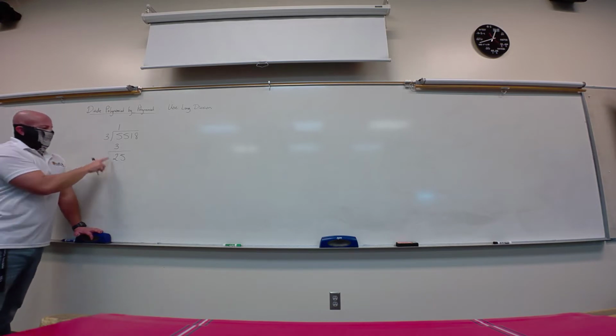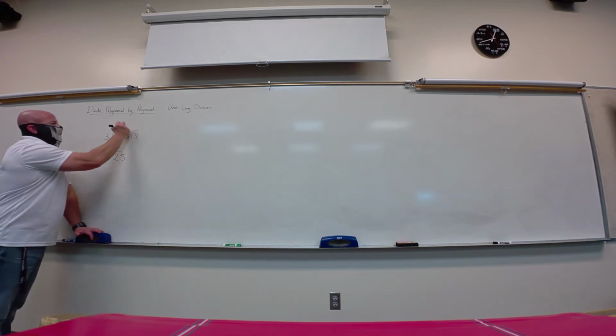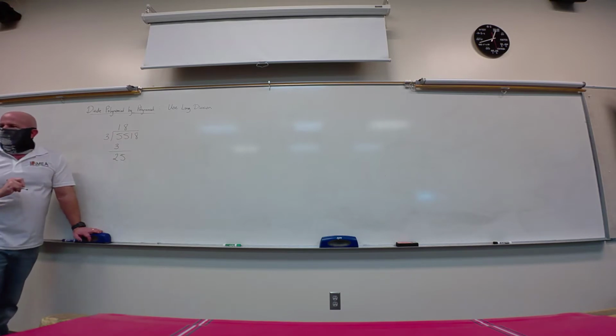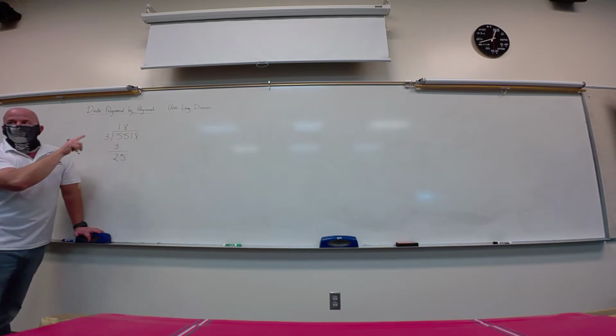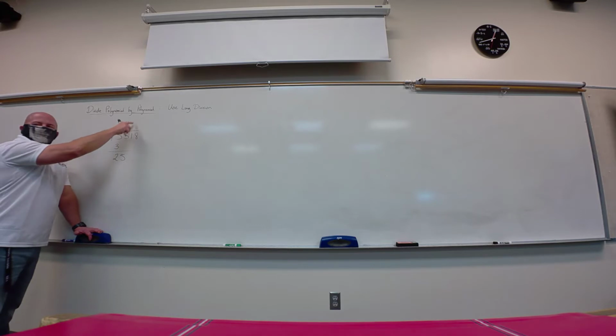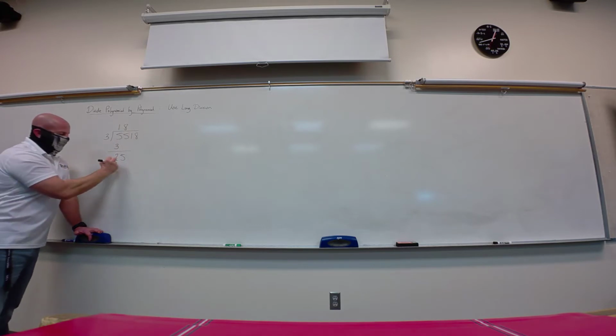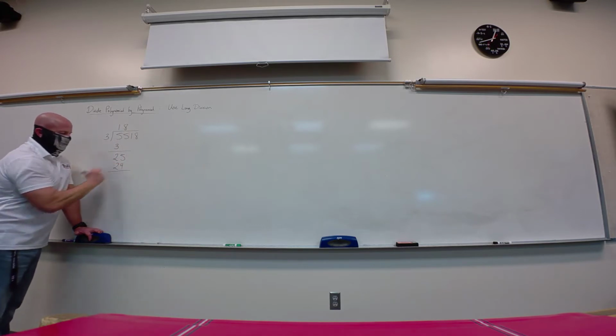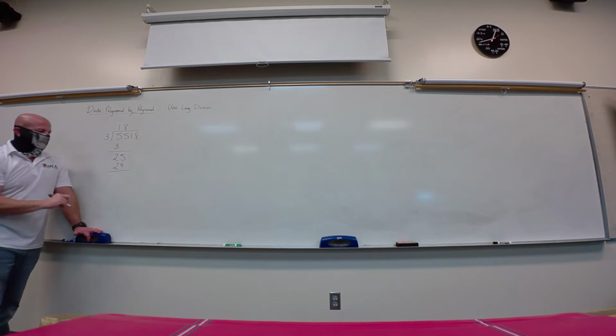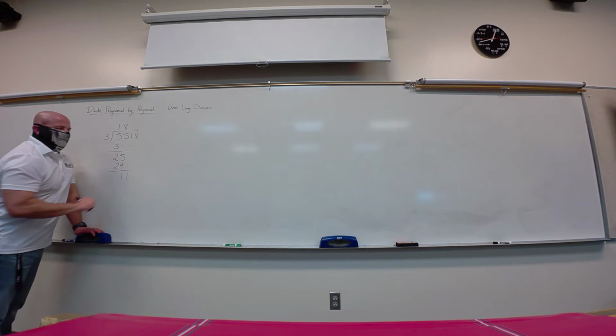All right, so let's go through the next step. How many times does 3 go into 25? 8 times. So now, we didn't do 18 times 3, we just took that second one. So 8 times 3 is 24. Subtract, 1. Bring down.